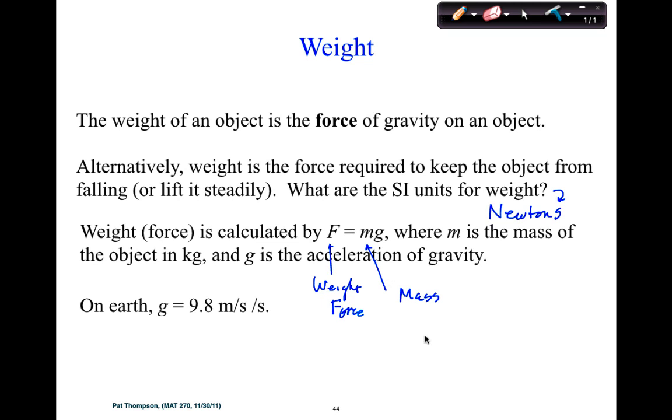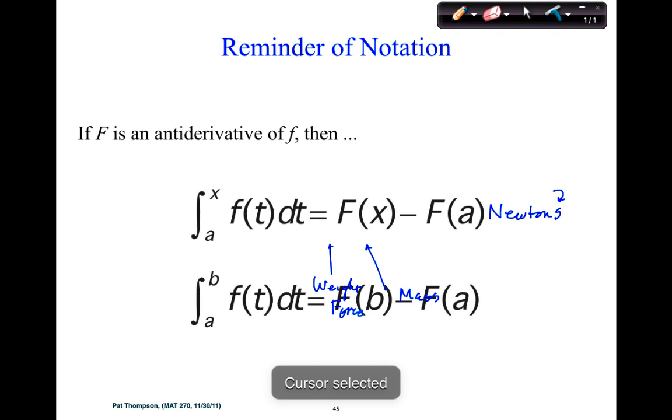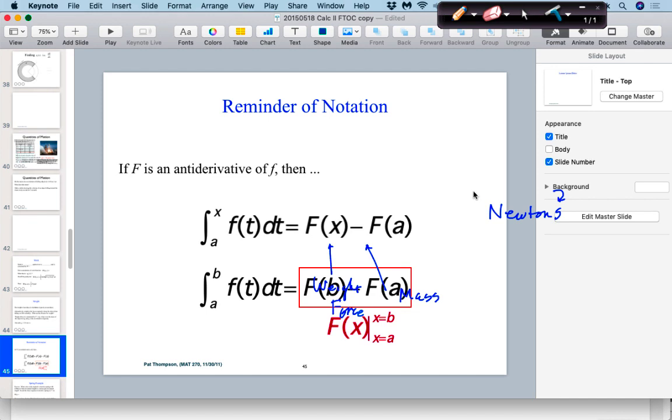But in English unit problems, they're just going to give you pounds. So there's no mg to calculate. You already have force if things are in pounds. Does that make sense? That's a common question that comes up. Okay, so let's look at a problem here.